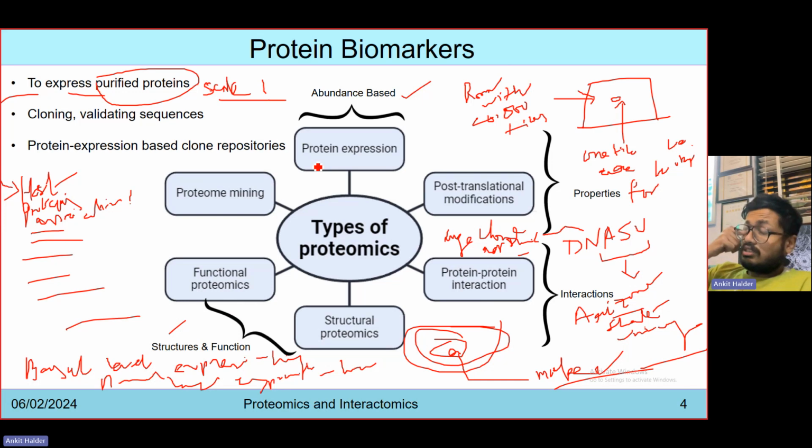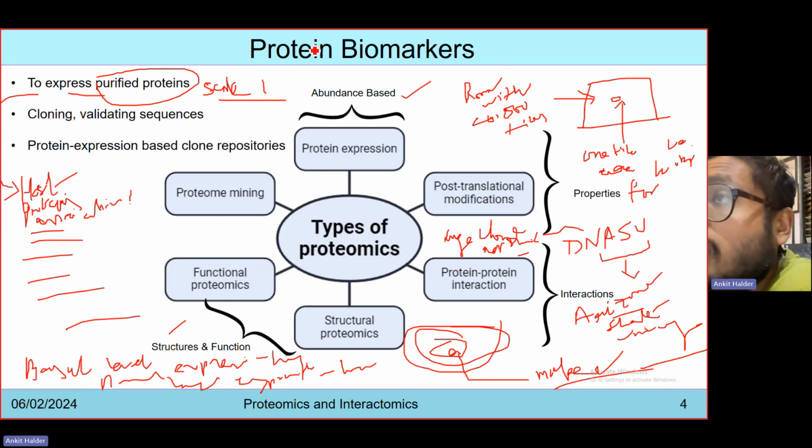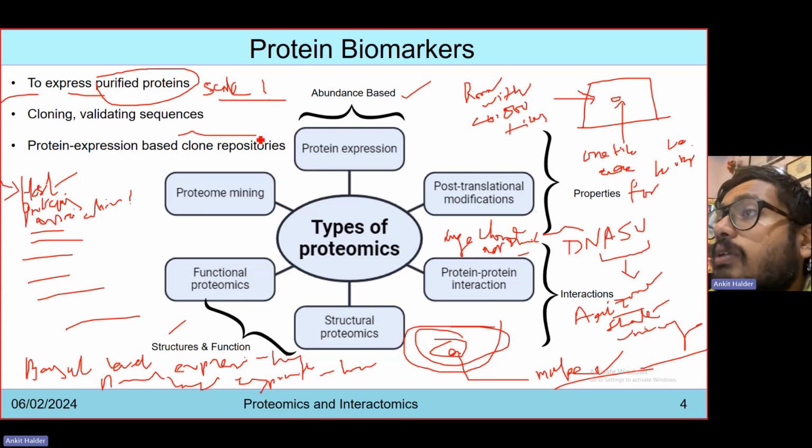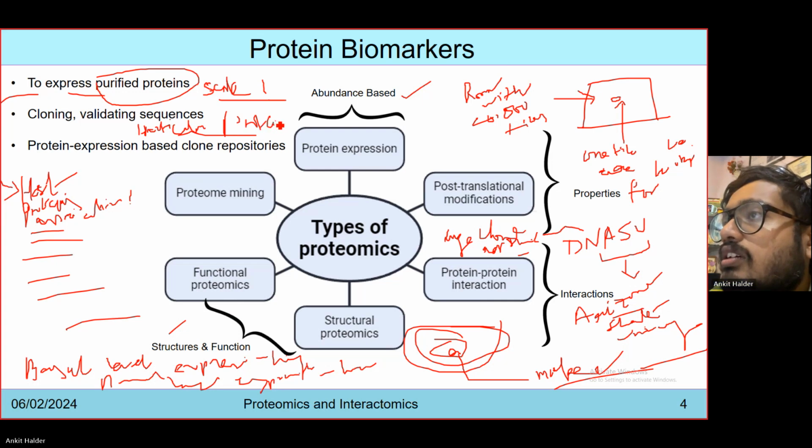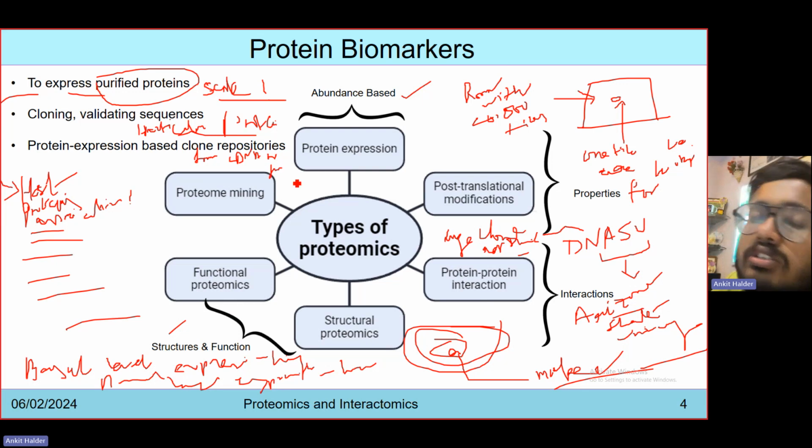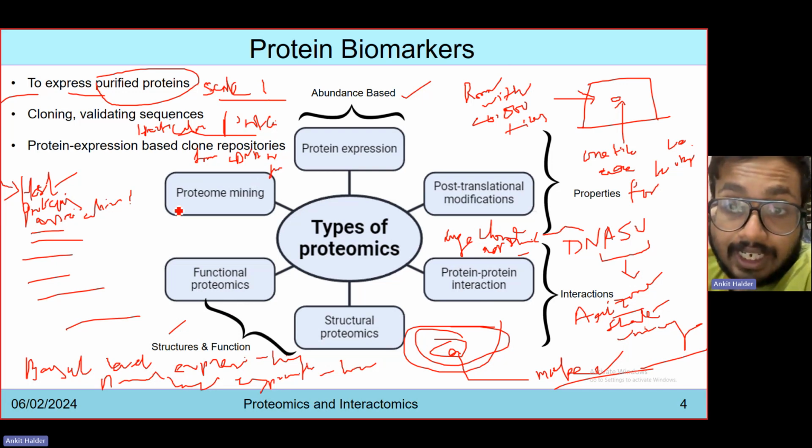The major challenge remaining here is that one needs to have clone repositories, so that one can express one particular protein from one cDNA or gene sequence.